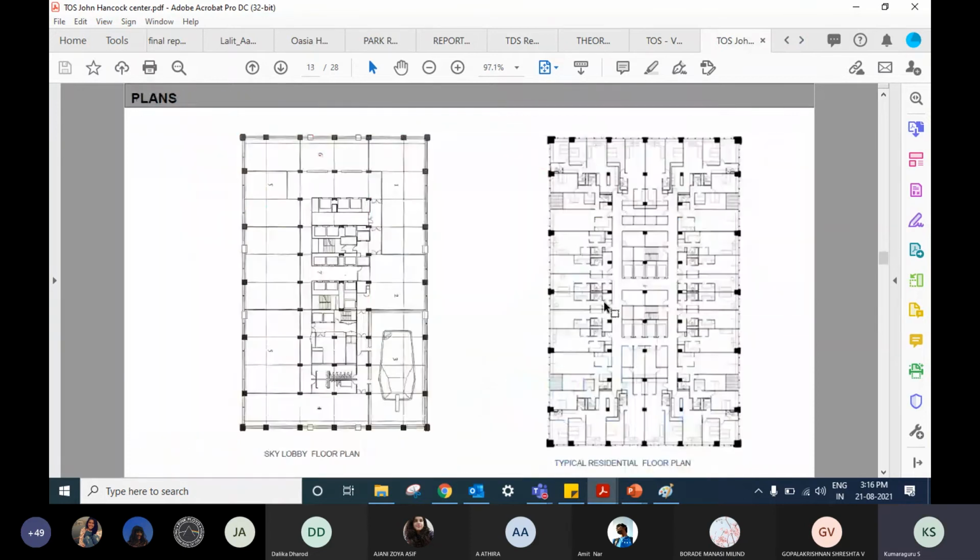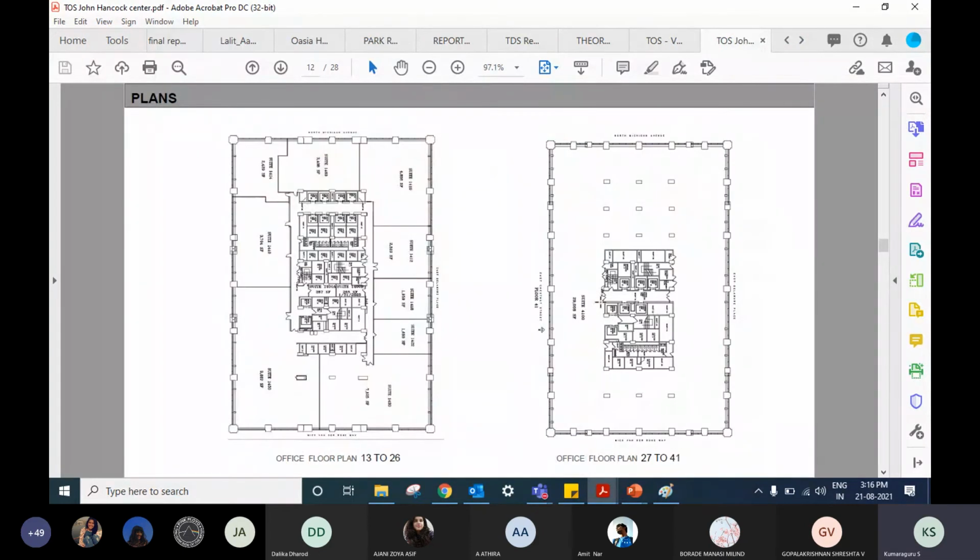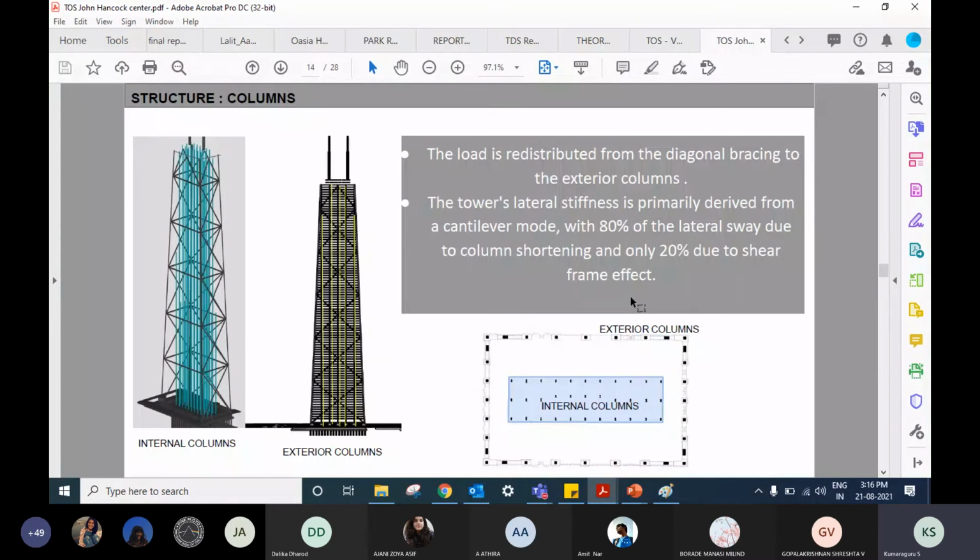Okay. The John Hancock Center. Here I had a question. Most of you would have seen this particular building. It has an exterior exoskeleton-like system, and there are some columns inside. And here the team has mentioned the load is distributed from the diagonal bracing to the exterior columns.